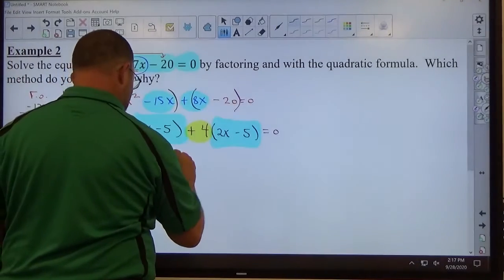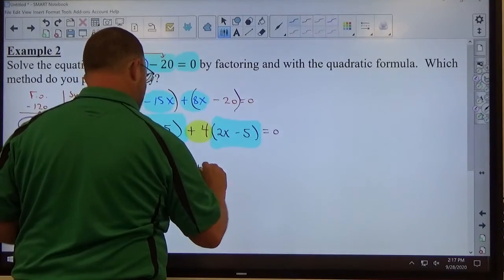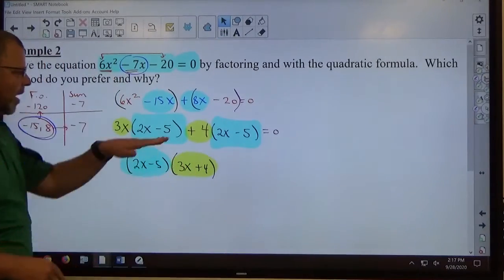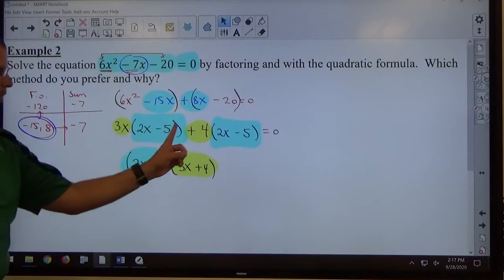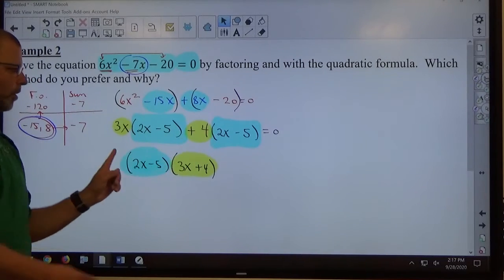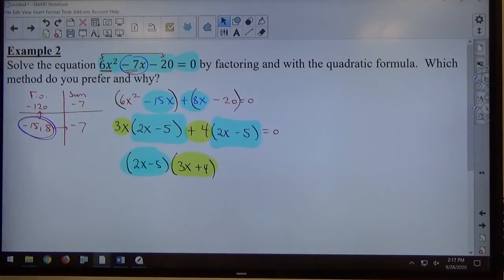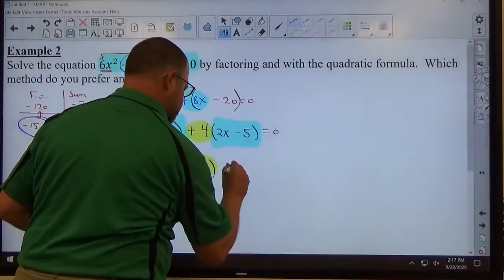So the second factor is going to be parentheses 3x plus 4. So again, that's how you go from here to here. Whatever's the same is one factor. Whatever was pulled out is the other factor, and those factors are multiplied together.